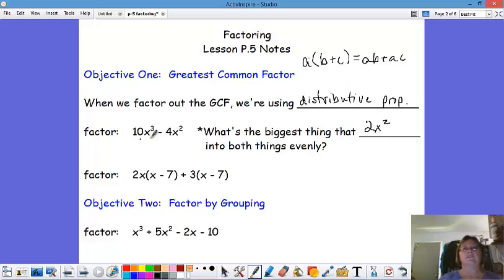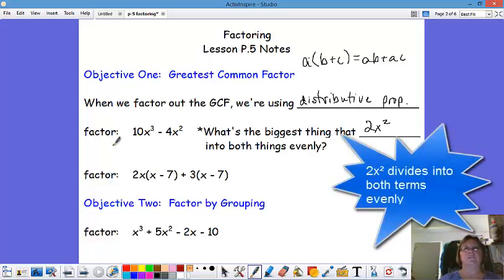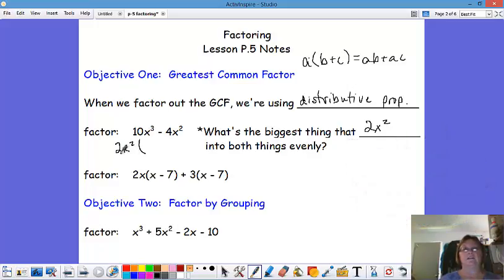So if we're going to complete this factoring, we would think to ourselves, okay, 2x squared is what they can both give up. And then the next step is to say, okay, if I divide a 2x squared out of here, what am I left with? Well, 2 goes into 10 5 times. X squared goes into x cubed x times.